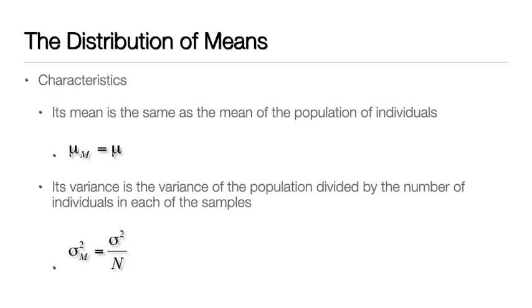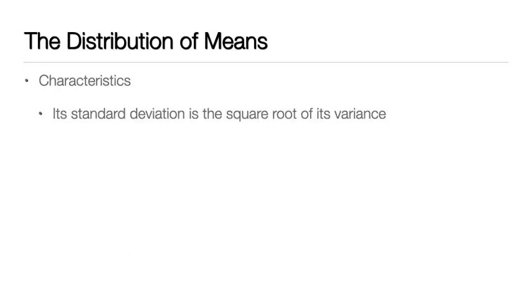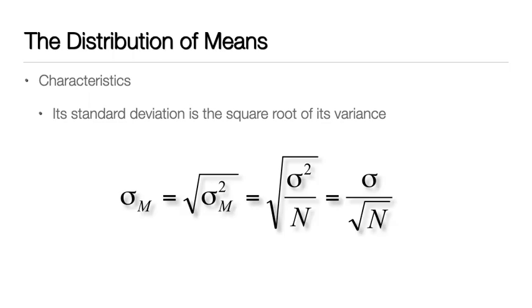The way we can quantify how much spread it has is to divide the population variance by our sample size, because each distribution of sample means is based on a particular sample size. So that n will be really important here. We can also take the square root of that variance and get the standard deviation.